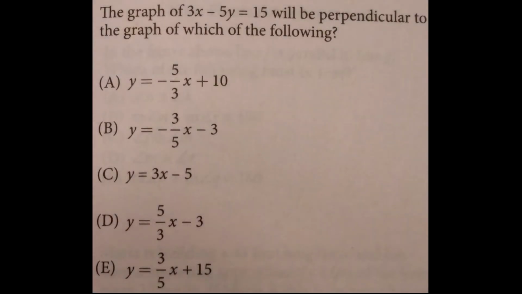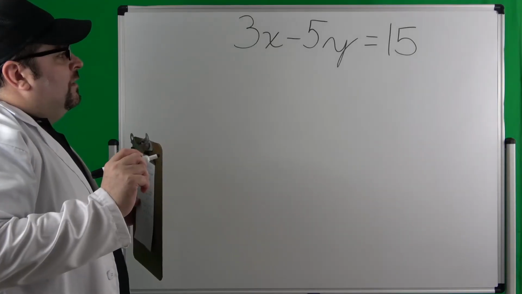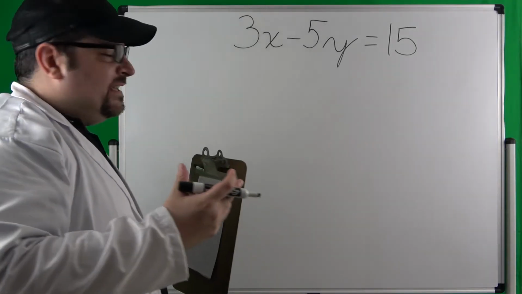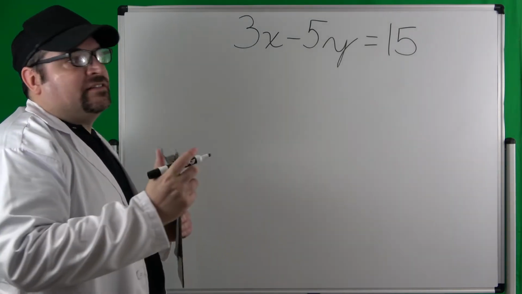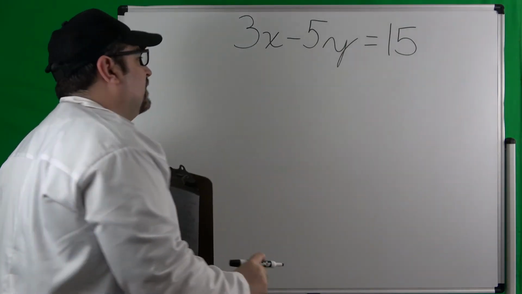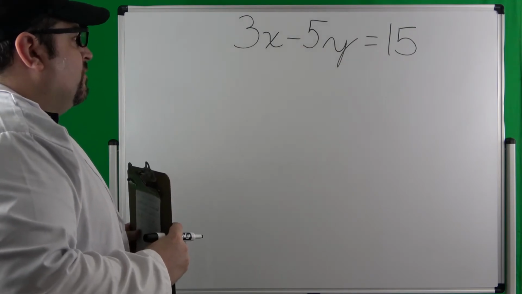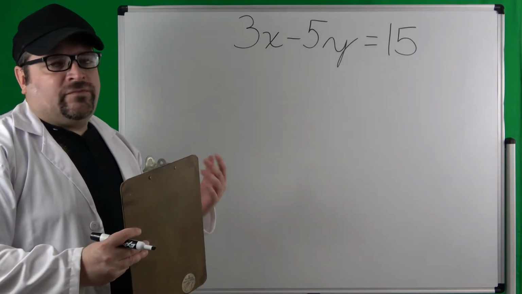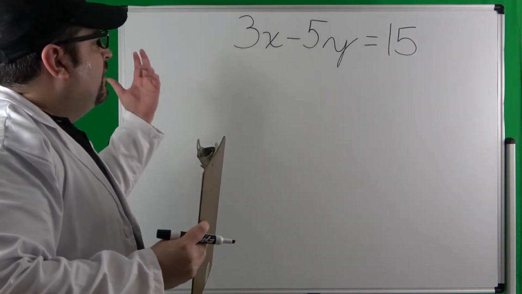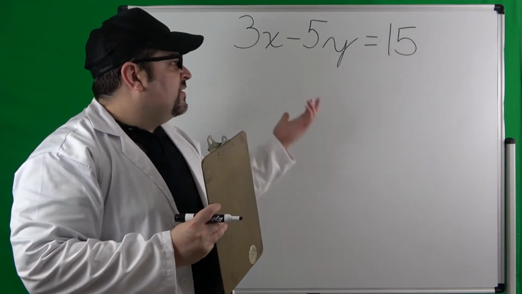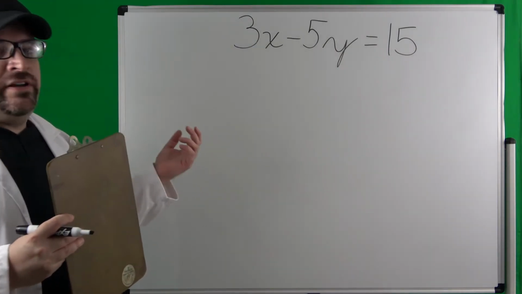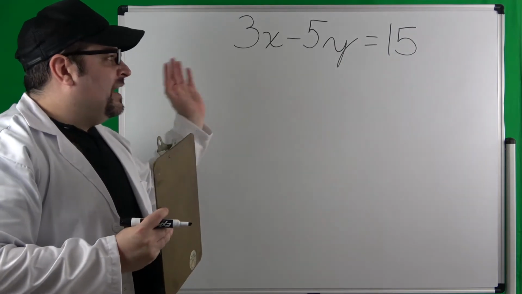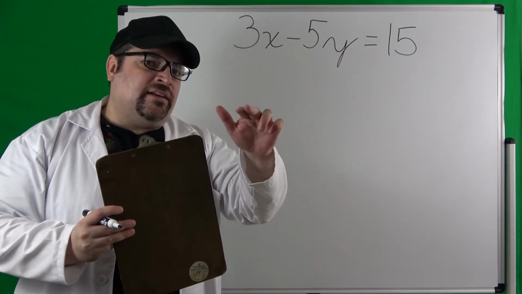The graph of 3x minus 5y equals 15 will be perpendicular to which graph? Okay, so the first thing we need to do here is to find the slope of this line. Now, most people are most comfortable finding the slope by putting the equation in slope-intercept form, which is y equals mx plus b, and we'll do that in a minute.